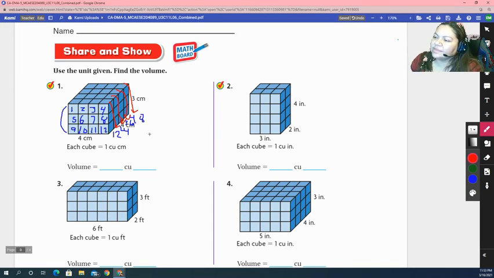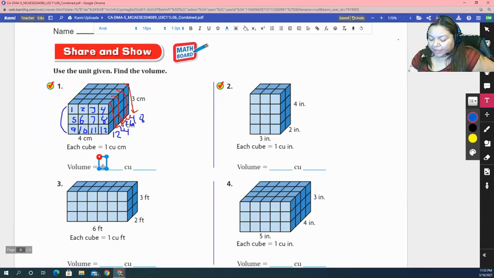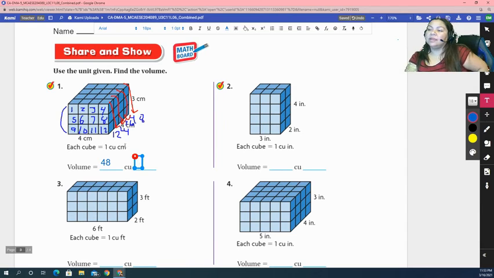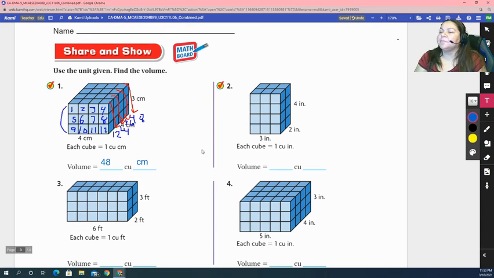So in total, I can see that this rectangular prism has a volume of 48 cubic. And here's where they want you to fill out the unit. It's telling us that it's in centimeters. So this is 48 cubic centimeters. And that is the volume of this three-dimensional figure.